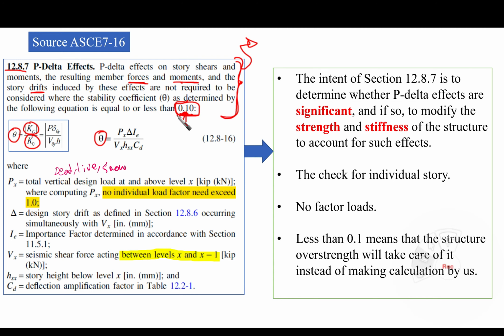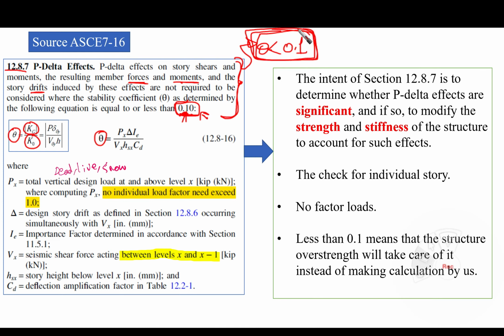What is the reason for this? Why do we put this minimum? We are putting the minimum here for the case that the structure overstrength is going to take care of any existent P delta in the system, when theta is less than 0.1. So it doesn't mean that P delta does not exist or is not important.